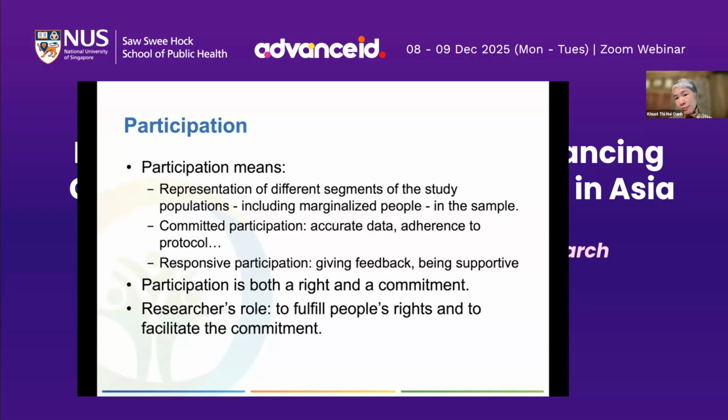If we want people to commit to the research, to be responsive to the research, we need to facilitate. It's work. Like the different models that we heard before, the patient group, the community advisory group. If you are not able to hear from every single participant, you should have a mechanism to be able to get feedback from every one of them. Only then can we facilitate the commitment.